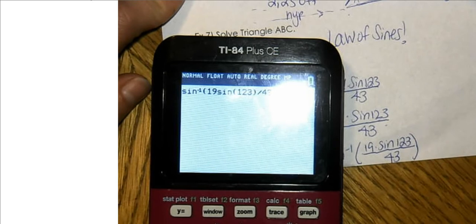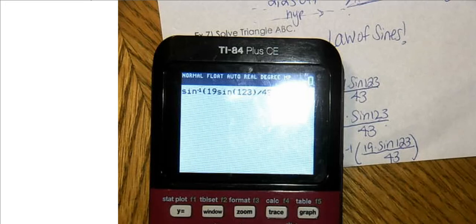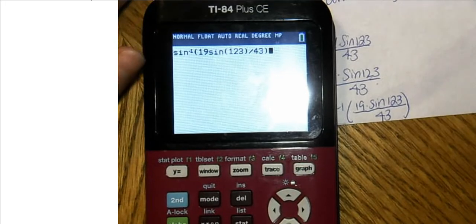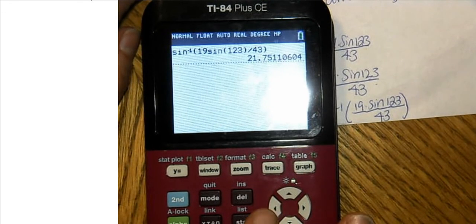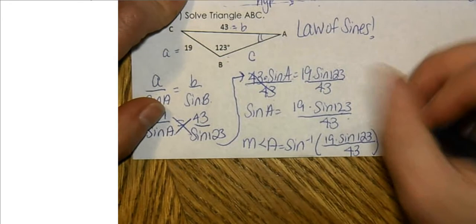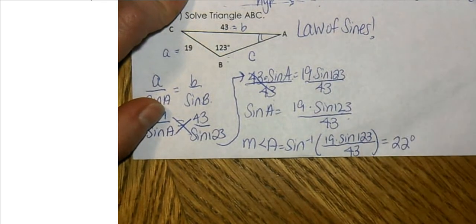And now I'm going to close the parentheses to say that I'm finished putting in what I'm going to take the sine inverse of. So I'm going to press enter, and I end up with 21.75 degrees, which is about 22 degrees, rounding it to the nearest whole number.